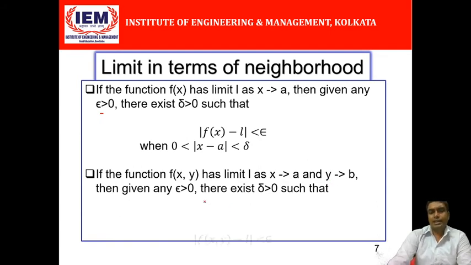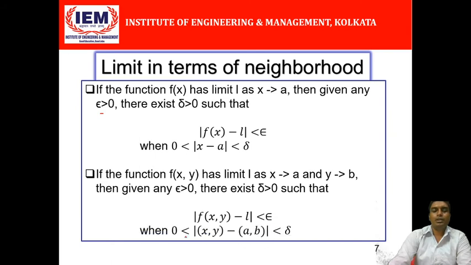In this case, the norm of f(x, y) minus L is less than epsilon whenever 0 is less than the norm of (x minus a, y minus b), less than delta. In a similar way we can define the limit in terms of neighborhood. Here we are excluding the point (a, b) itself, because for the limit we have to exclude the exact point, so that's why it should be 0 less than the norm.